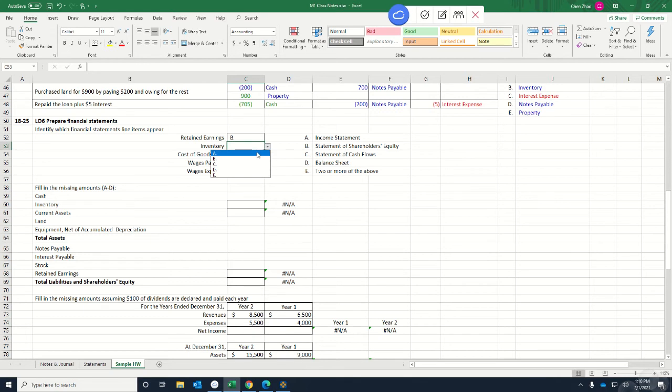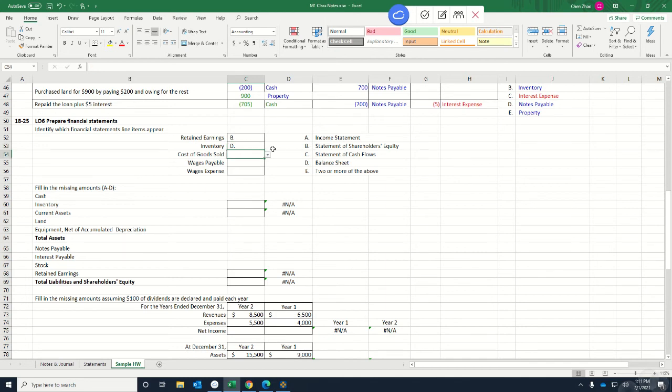What is that? No, just one. Balance sheet. Yeah, balance sheet. If you think of two or more, you probably think inventory and cost of goods sold are the same thing, but they're two different accounts. Sometimes the change is the same, but they're two different accounts.